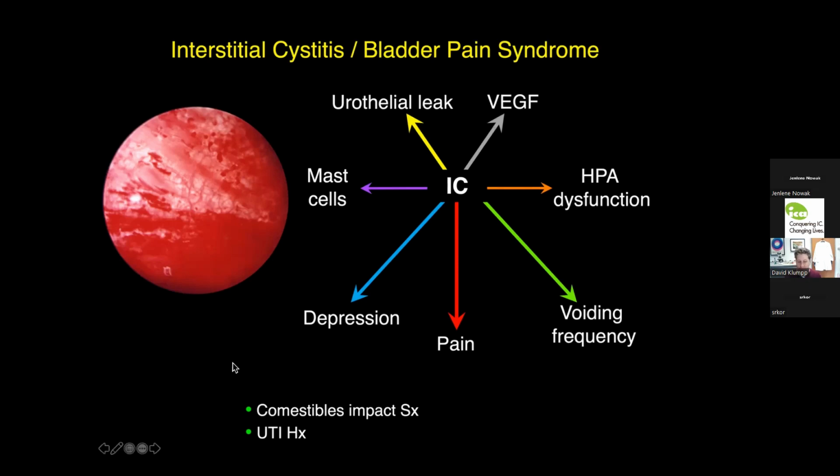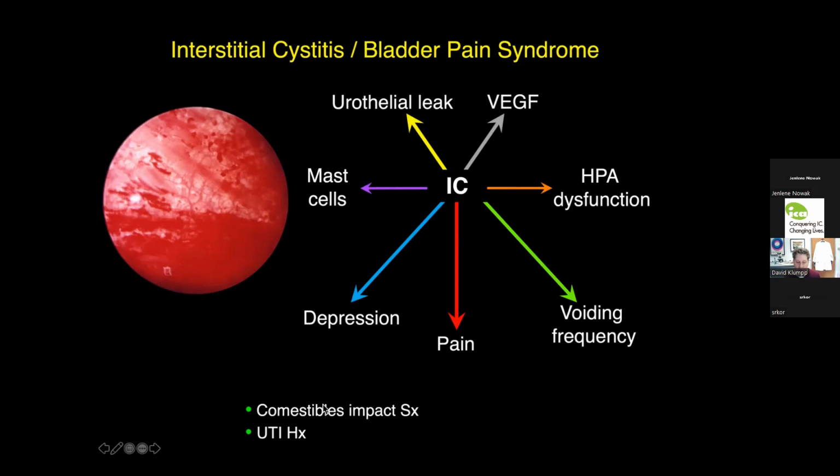Probably all of you are familiar with the effect of comestibles or foodstuffs and how they can have impacts on the symptoms. Often acidic foods are known, in many patients, to cause issues and exacerbate symptoms, perhaps causing flares, as well as caffeinated foodstuffs.